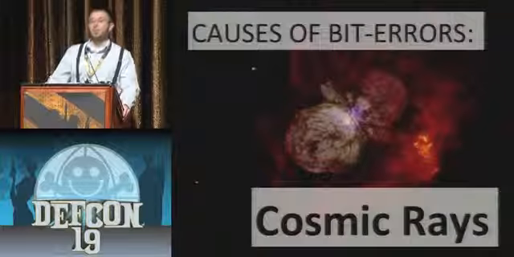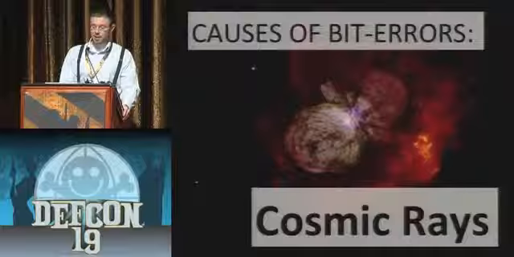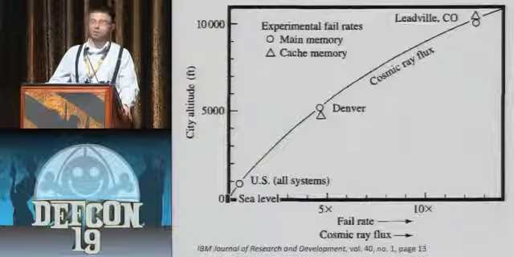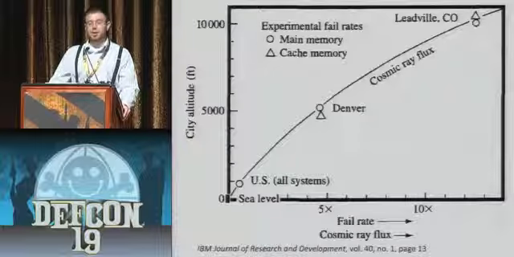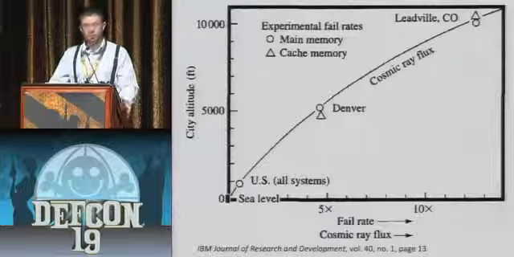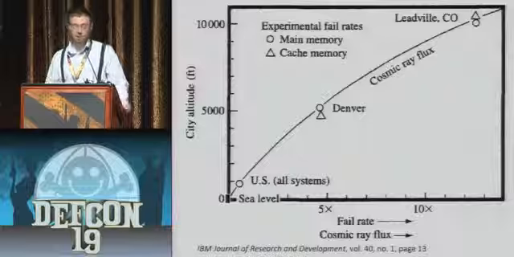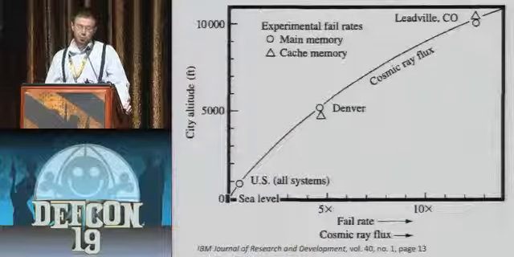Potentially, far from being a remote nuisance, there are some studies that indicate that cosmic rays are actually the #1 source of bit errors at ground level. This is a graph taken directly from the IBM Journal of Research and Development, volume 40, number 1, page 13, for those who are interested. What it's plotting here is altitude versus cosmic ray flux, which go hand in hand.